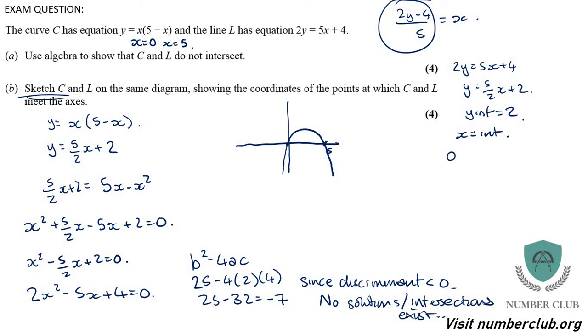So 0 equals 5 over 2x plus 2, so negative 2 equals 5 over 2x, and negative 4 over 5 equals x. So that'll be negative 4/5, and it'll be 2. So the line will go off like that, where there's no points of intersection.